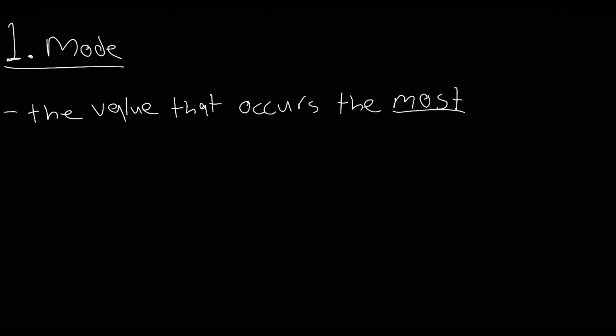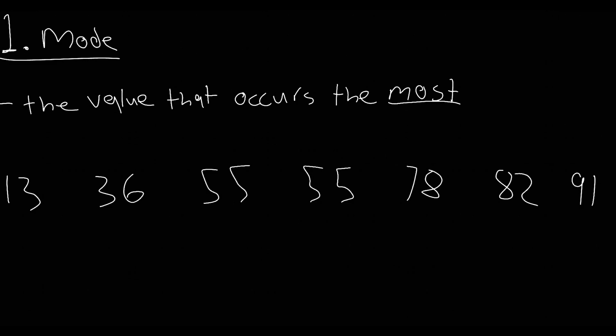My first type of average is the mode. The mode is the easiest type of average, and it's just the value that occurs the most. Back to my small dataset, in numerical order, all I need to do is see which value is written down the most. 13 is written down once, 36 once, 55 twice, 78 once, 82 once, and 91 once.